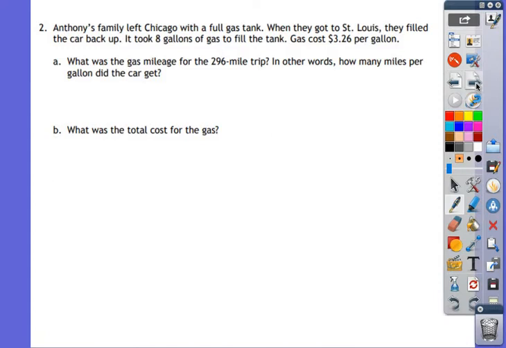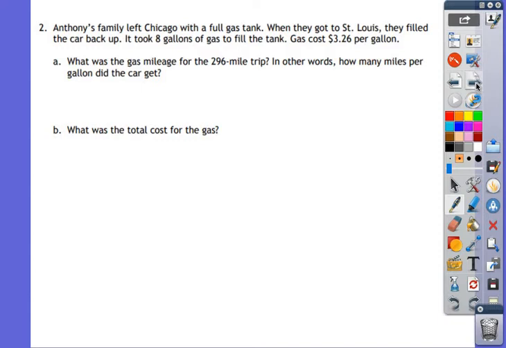If they had a full tank, and when they got there, they filled it back up, and it only took them 8 gallons, how much was used? 8 gallons. Okay. Gas cost $3.26 per gallon.